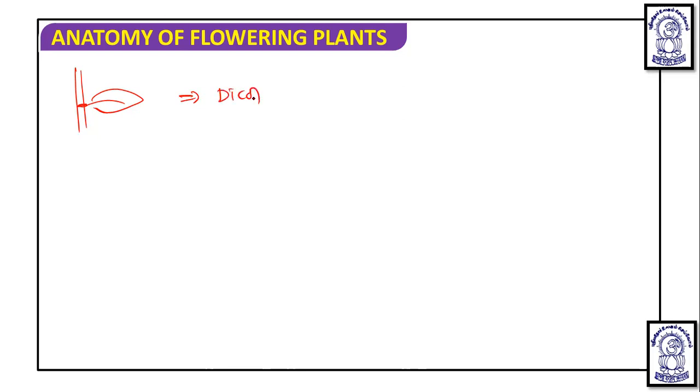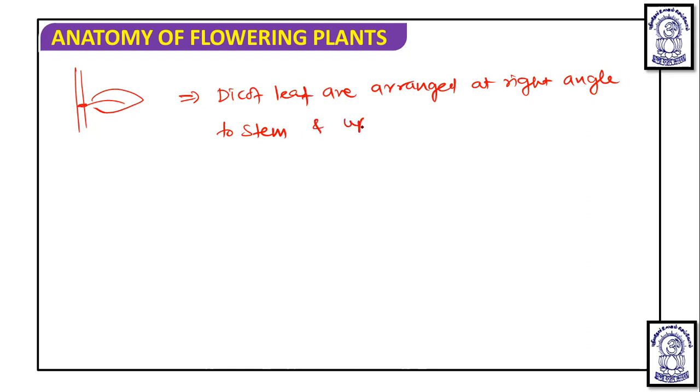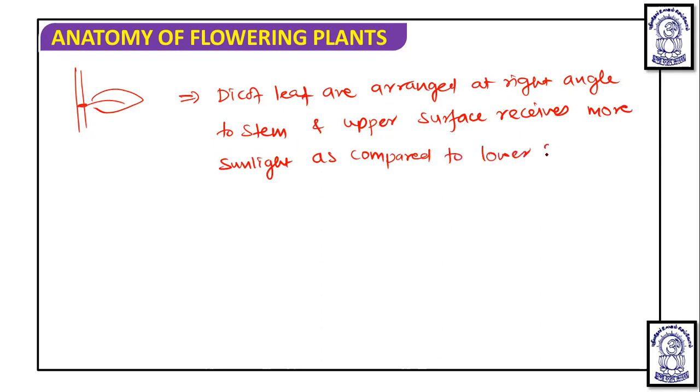So remember, in dicot leaf, leaves are arranged at right angle to stem, and upper surface receives more sunlight as compared to lower surface.